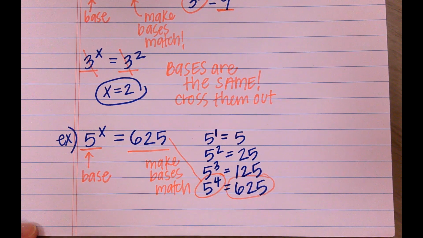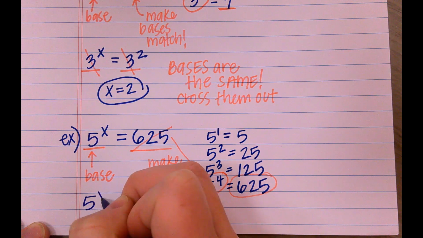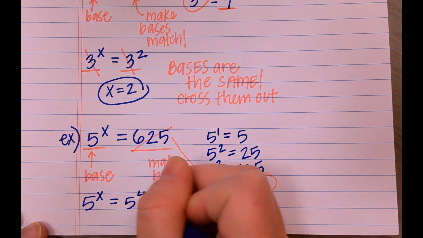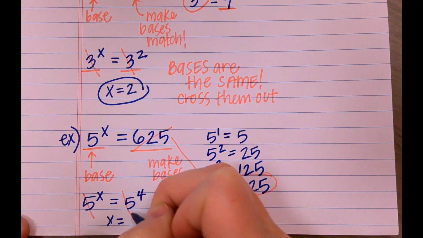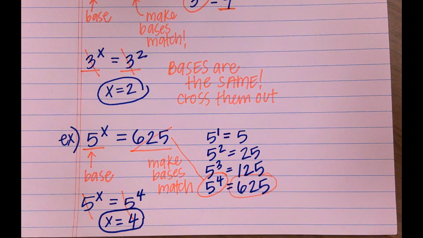So I'm going to rewrite the problem: 5 to the x power equals 5 to the 4th power. Bases are the same. Cross them out. What's left? X equals 4. There we go.